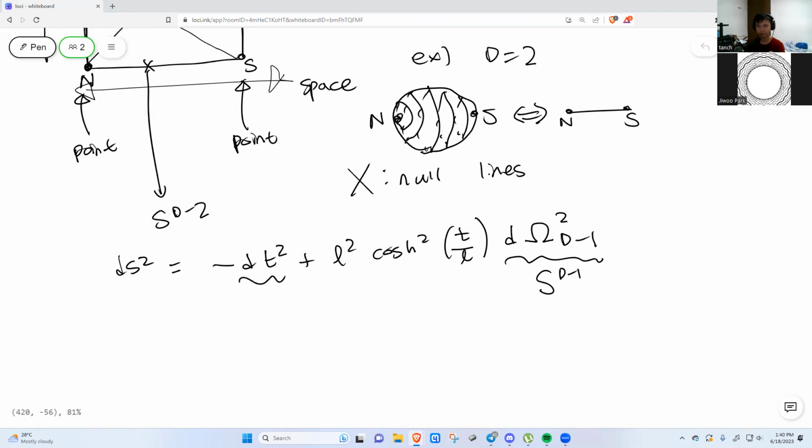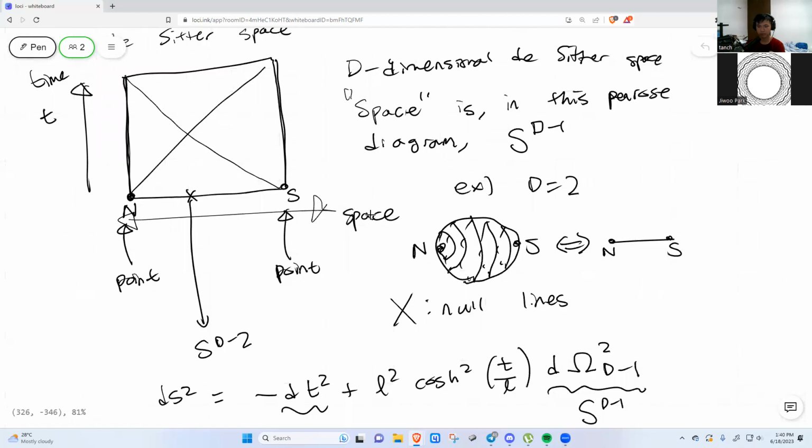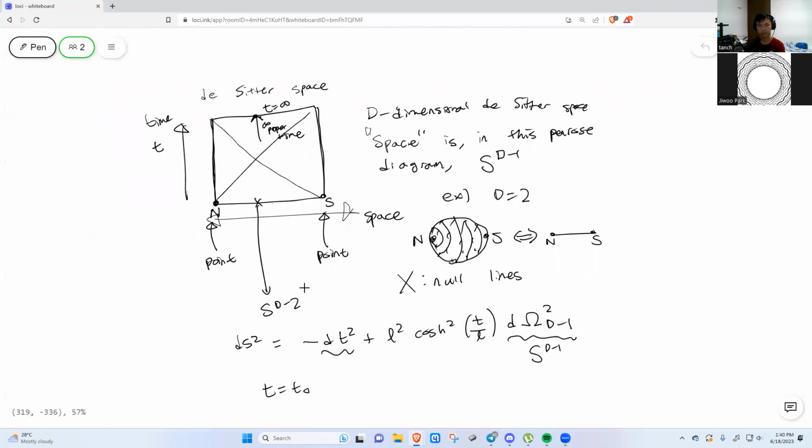So what we see, if you return to the Penrose diagram, is that you have a line in the future and a line in the past. You can check that it takes an infinite amount of proper time to reach it. Imagine you start at t equals t0, and the line up here is t equals infinity, the line over here is t equals minus infinity.